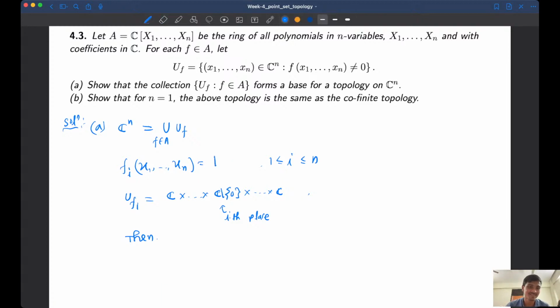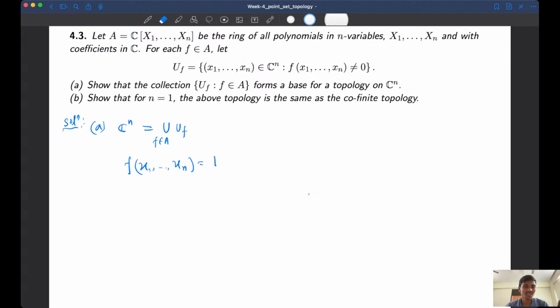Then Uf is already all of Cn, because at every point it is non-zero. So that's why we don't need shifting, right? Yeah. From 0, you're shifting to 1. Yes, so Uf is all of Cn, so this implies indeed this is true.